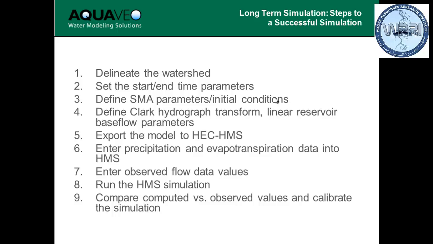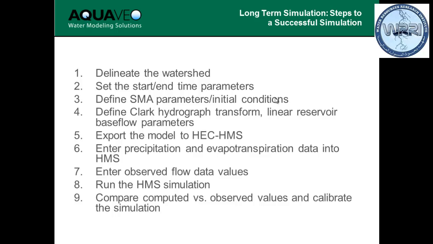So to set up a long-term simulation, these are the steps to follow, and these are basically the steps to set up an HMS model. You delineate your watershed, set your starting and ending time, and define your SMA parameters, your initial conditions. Define the Clark hydrograph transform and your base flow parameter, linear reservoir base flow parameters.